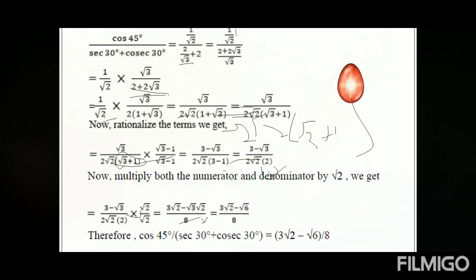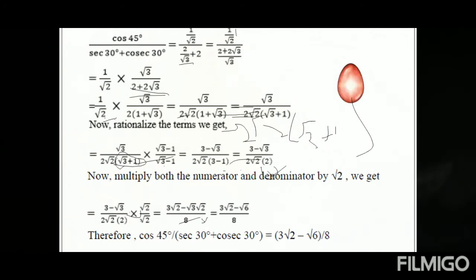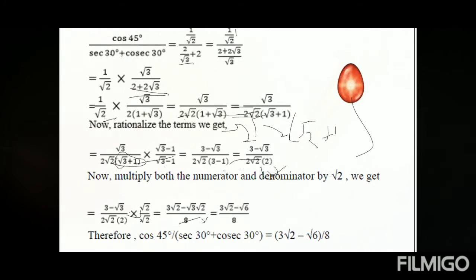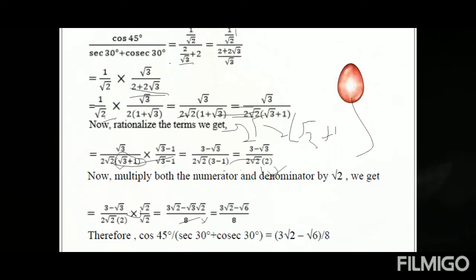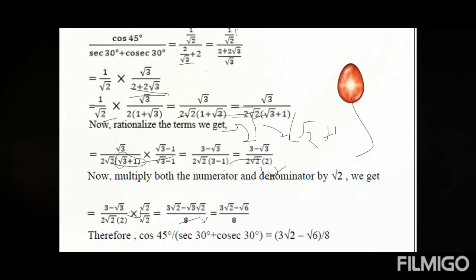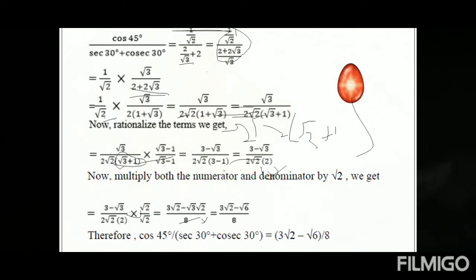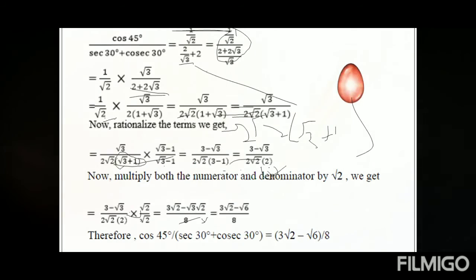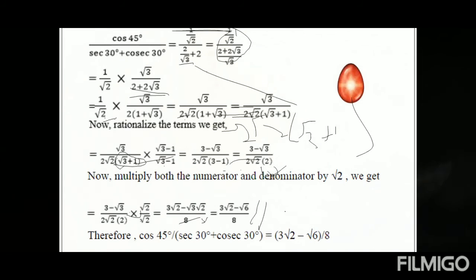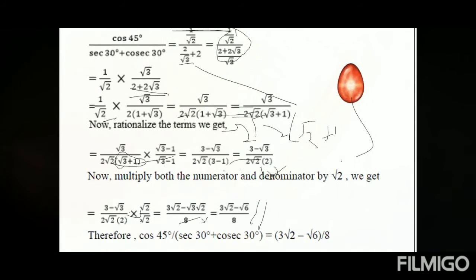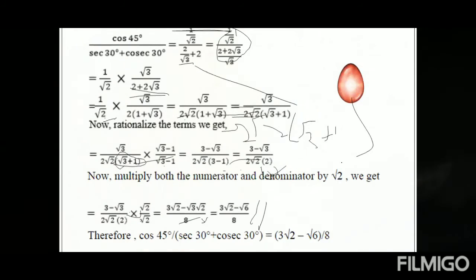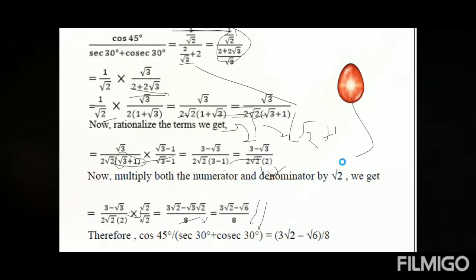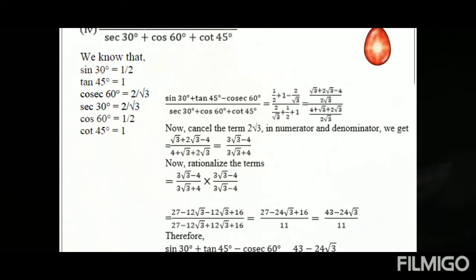When you substitute cos 45 as 1 by root 2, secant 30 as 2 by root 3, and cosecant 30 as 2, you get this equation, and further you need to solve it to get the answer. Okay, so let's move on to the next question.